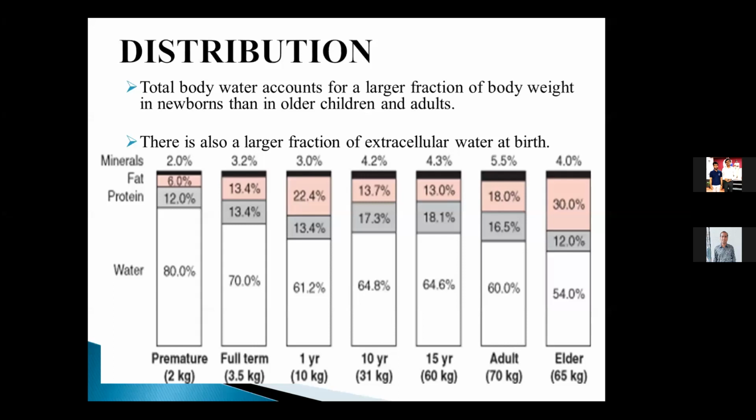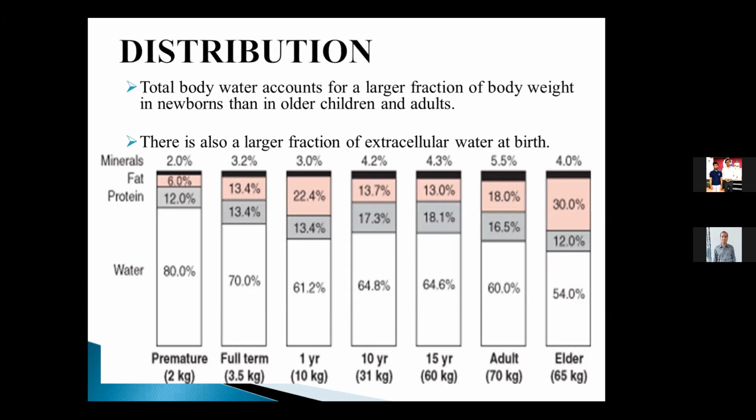In adults, 70 kg: mineral is 5.5%, fat is 18.8%, protein is 16.5%, and water is 60%. For the elderly, 65 kg: mineral is 4%, fat is 30%, protein is 12, and water is 54%.